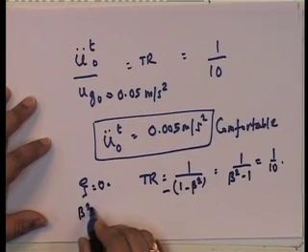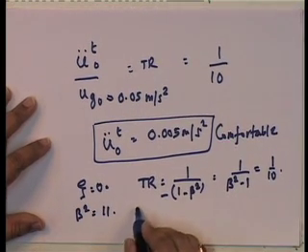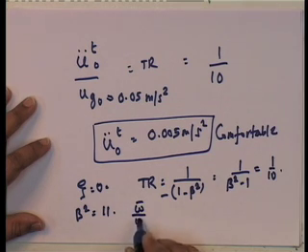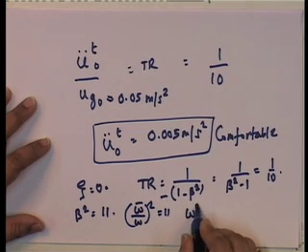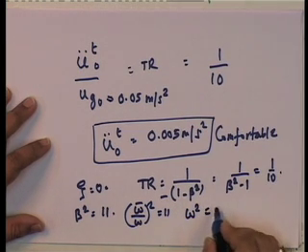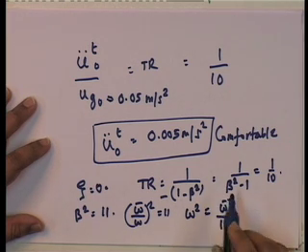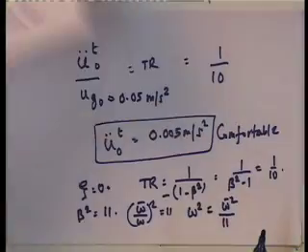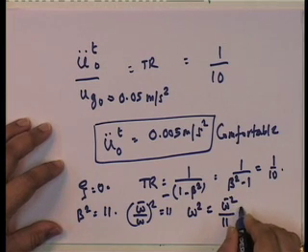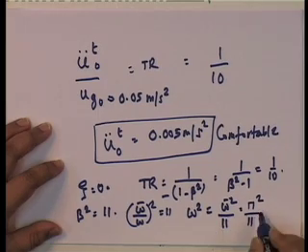So, beta squared is equal to 11, and beta squared is nothing but omega bar upon omega squared is equal to 11. So, again omega squared is equal to omega bar squared upon 11. Omega bar was pi, so that is pi squared upon 11. So, essentially this is k upon m.